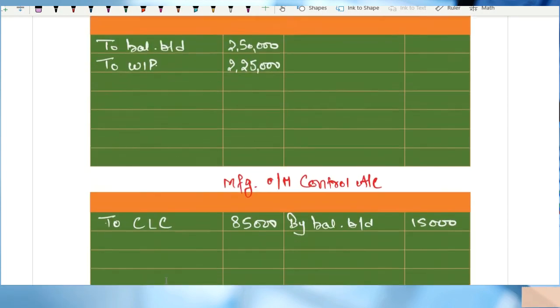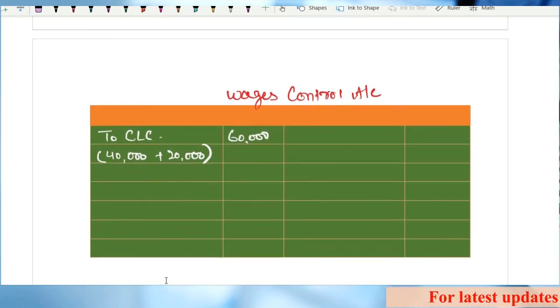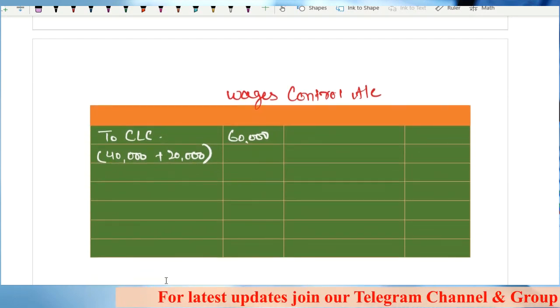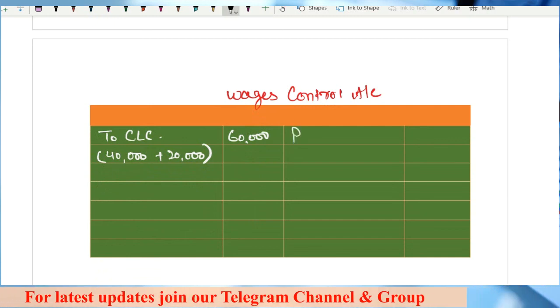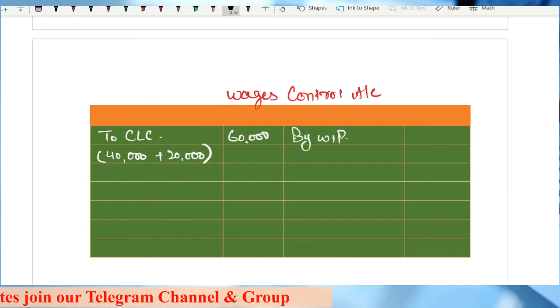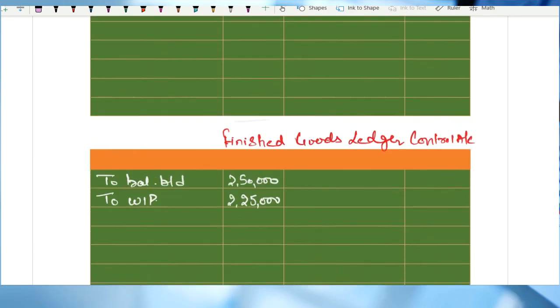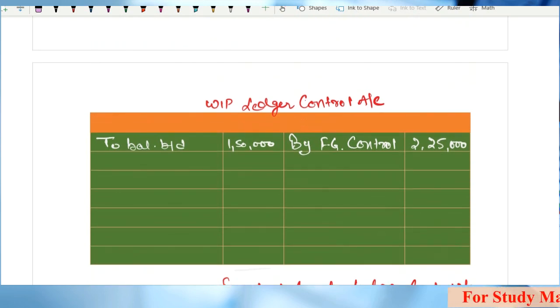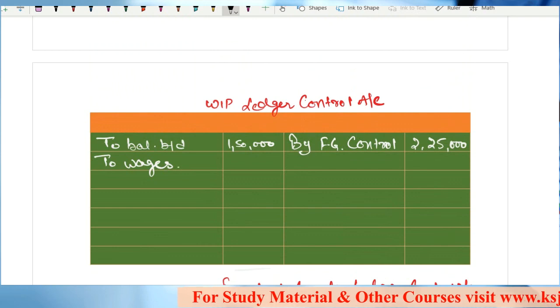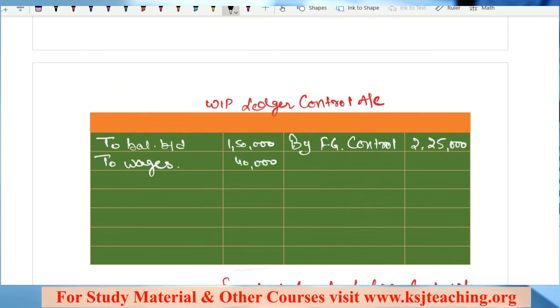So my entry will be here WIP to wages control. That means here I will write by WIP account, how much? 40,000. And in the WIP account, where is WIP account? This I will write to wages control account, to wages control account, 40,000. Any doubts?